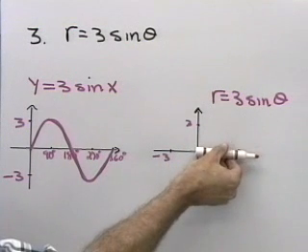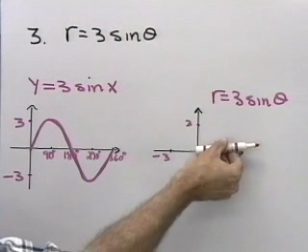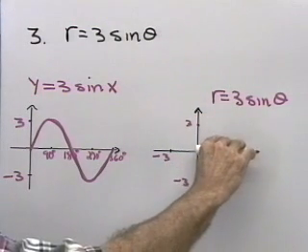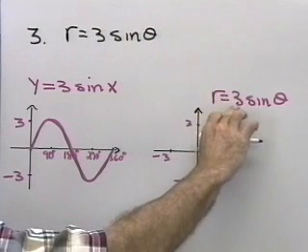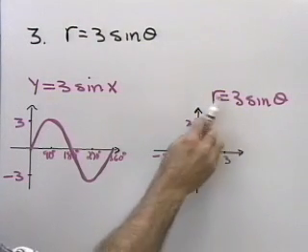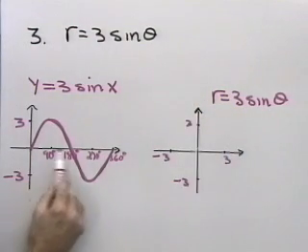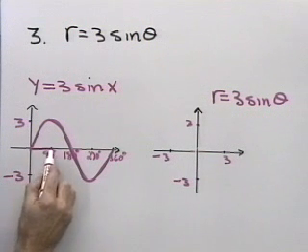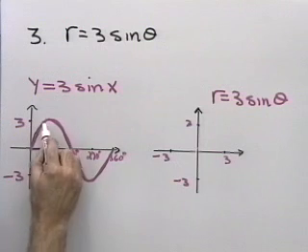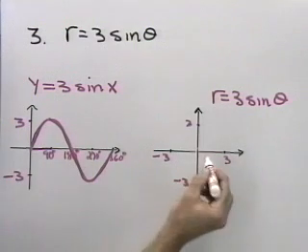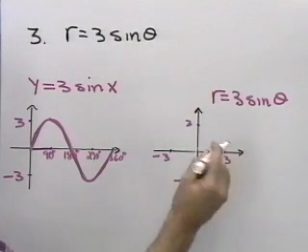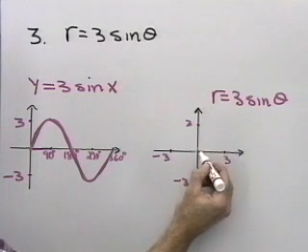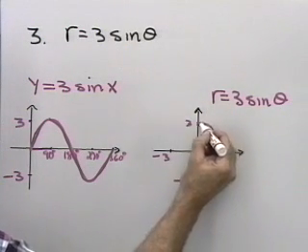Now theta is going to start here at 0 degrees and sweep out this curve as it goes around to 360 degrees, and r will give me the distance out on whatever ray I have. Well, that relationship is actually shown over here. As theta goes from 0 to 90 degrees, r goes from 0 up to 3. So as theta swings around here from 0 degrees to 90 degrees, r starts at 0 and goes up to 3.